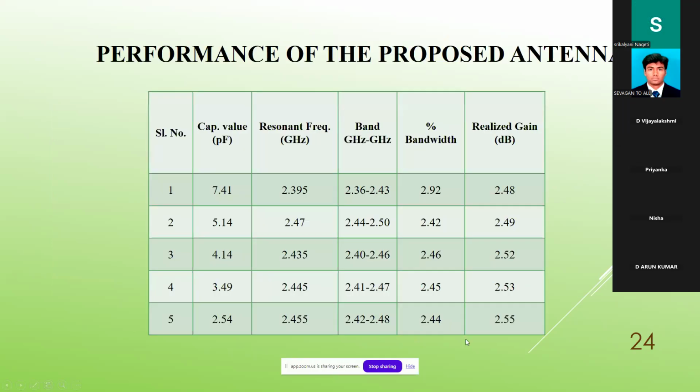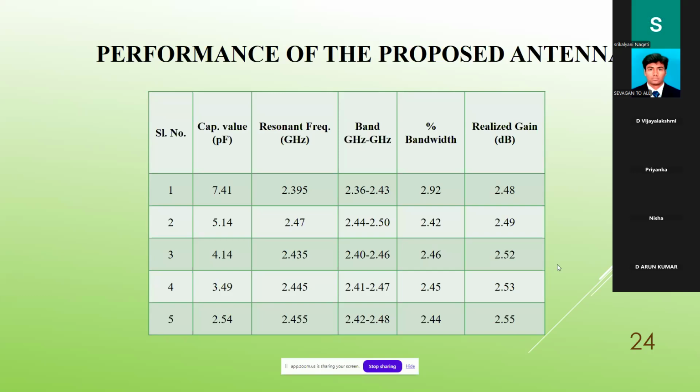The performance table will give you the different values: for different values of capacitance, the different resonant frequency and different bands, and what the bandwidth and the realized gains are. From this, we can check 7.41, 5.14, 4.14, 3.49, 3.54. All these are different capacitance values, and accordingly we are getting resonant frequencies very near to 2.39 to 2.45 within that range, and the band is 2.36 to 2.43, or the maximum band is 2.5.